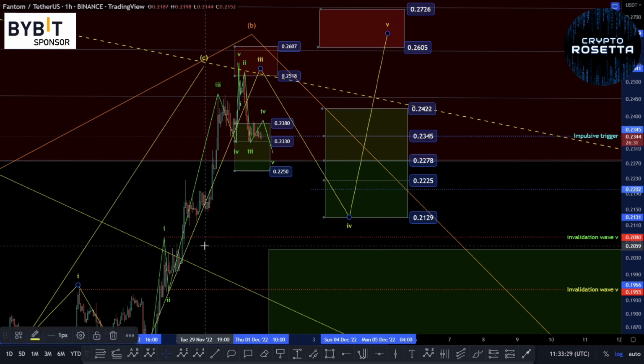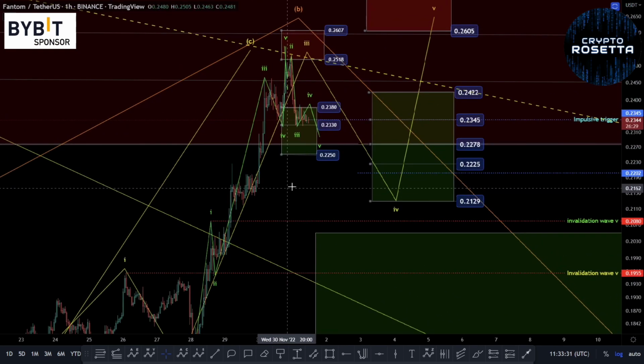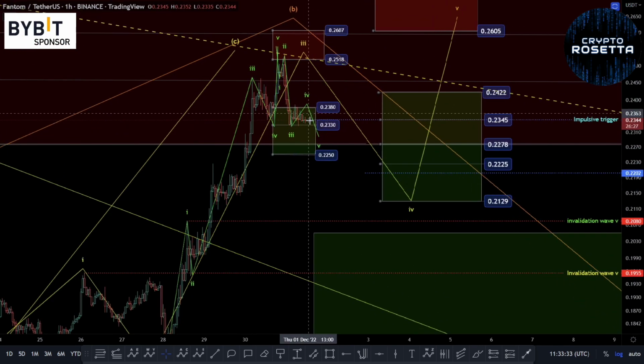So on the flip side of that, if this five wave move develops and we come down into these lower zones here, so we're looking about 23 cent, we'd be looking for a retracement to the upside here, and we'd need to monitor the next move to the downside.